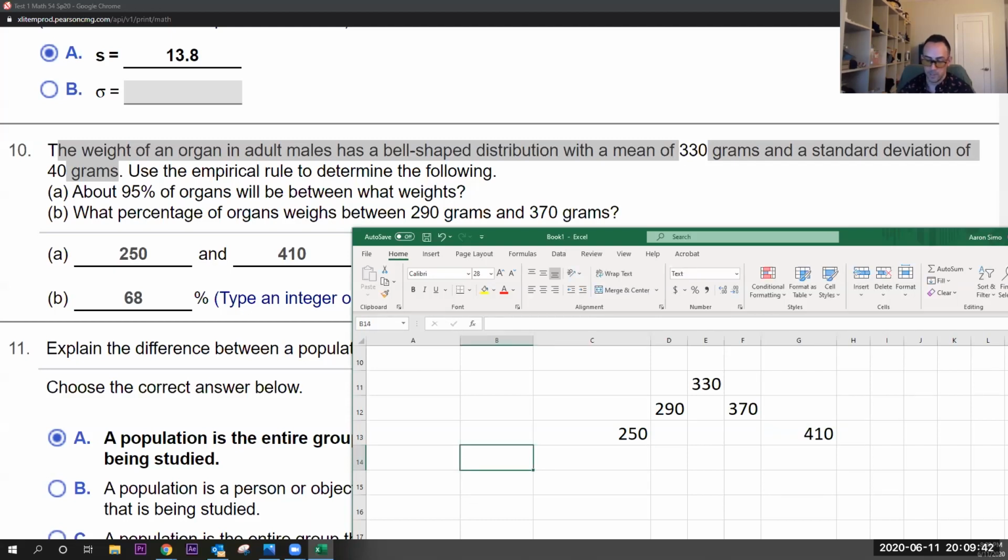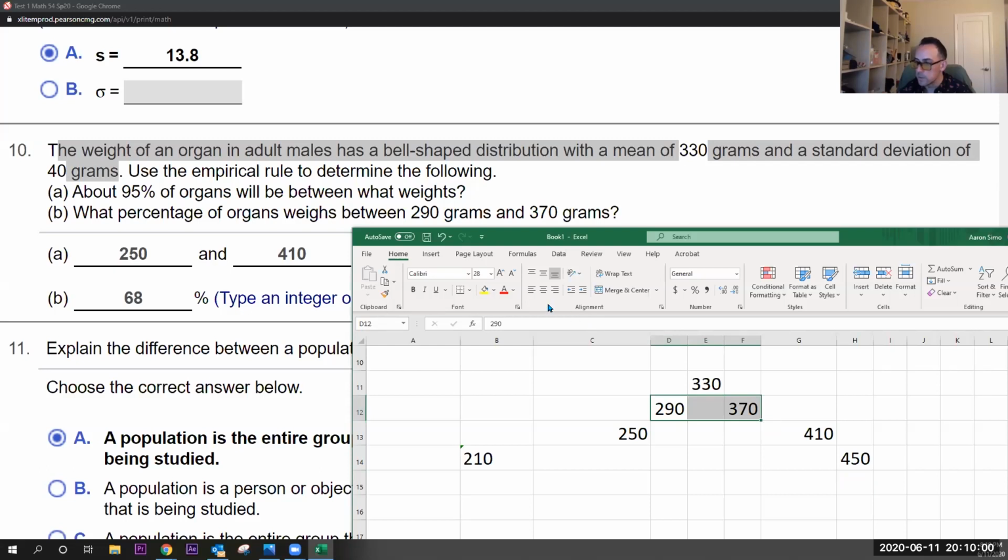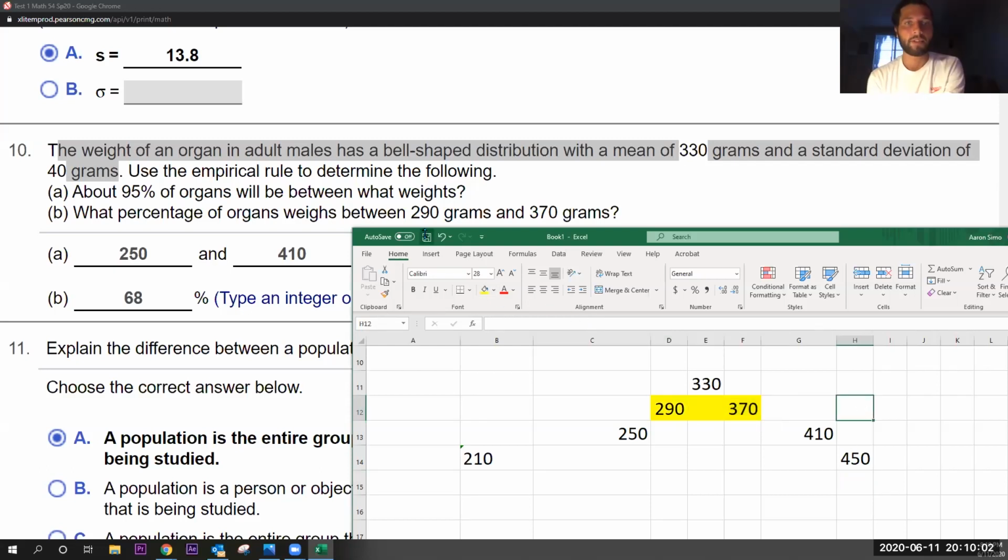Subtract 40 again, I go to 210, and adding gives 450. So which one was it? Oh, it's saying 290 to 370. So we got it already. I didn't even notice that.